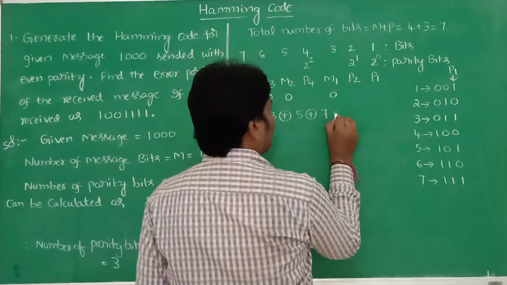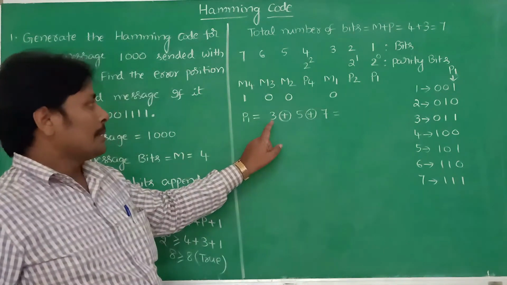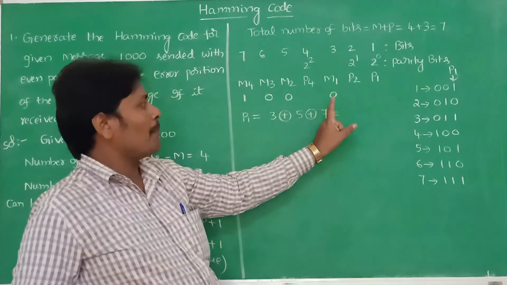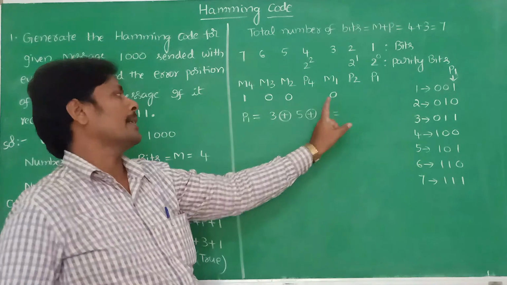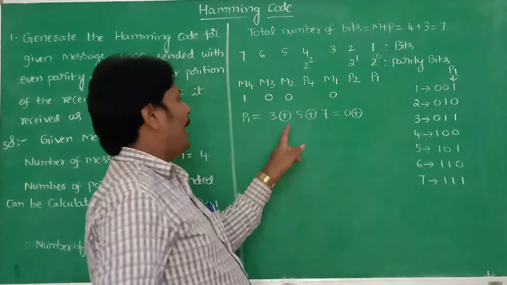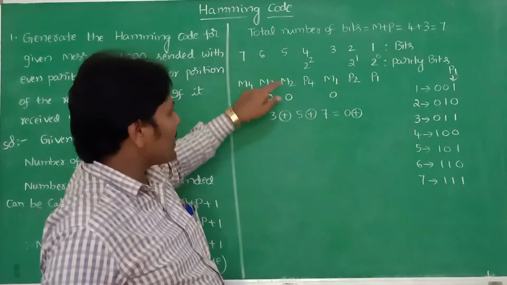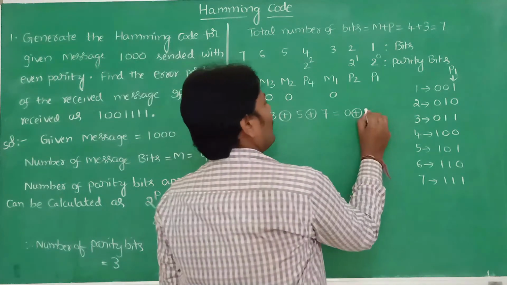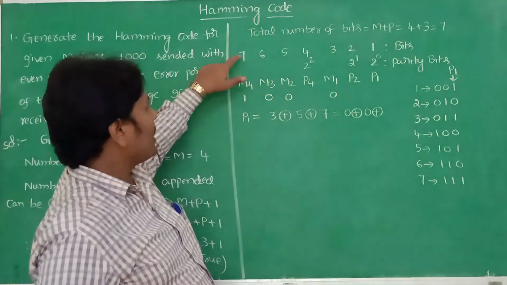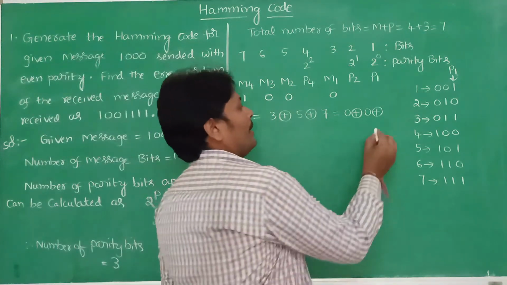Now what is the third bit value? What is the message bit at the third position? That is 0. Exclusive OR. At the fifth position, what is the message bit? 0. Exclusive OR. At the seventh position, what is the message bit? 1.